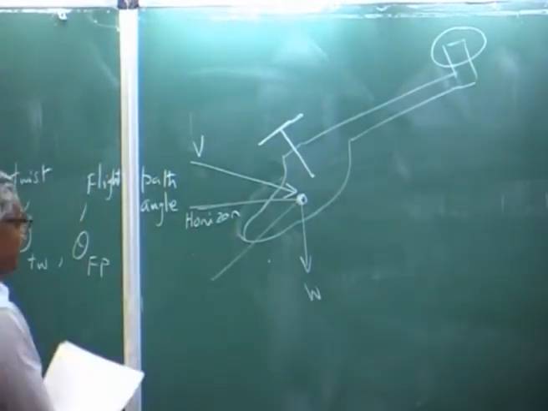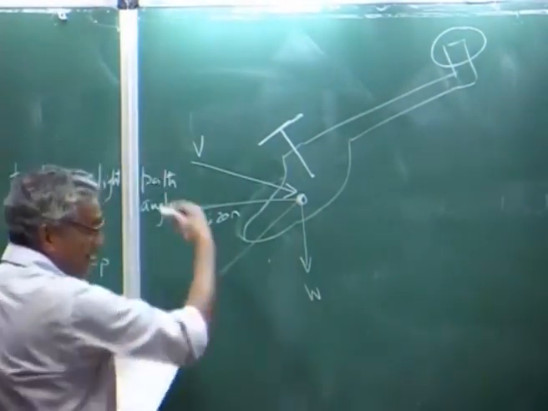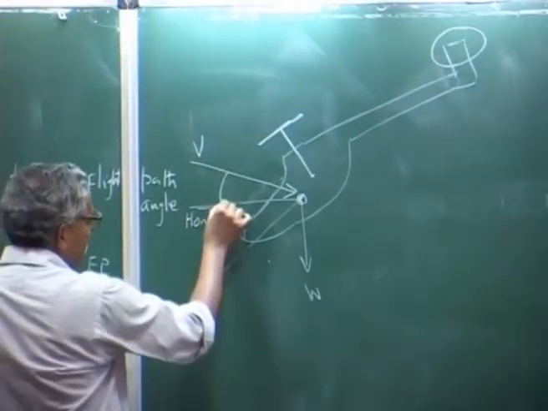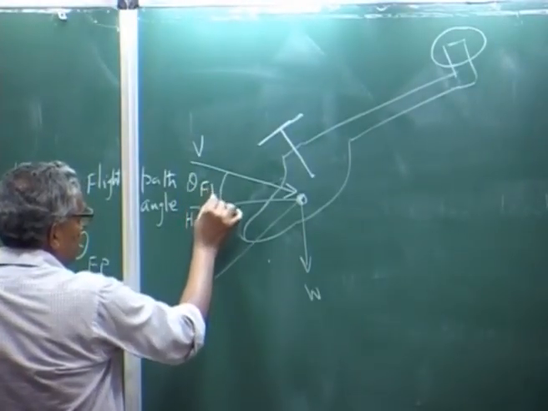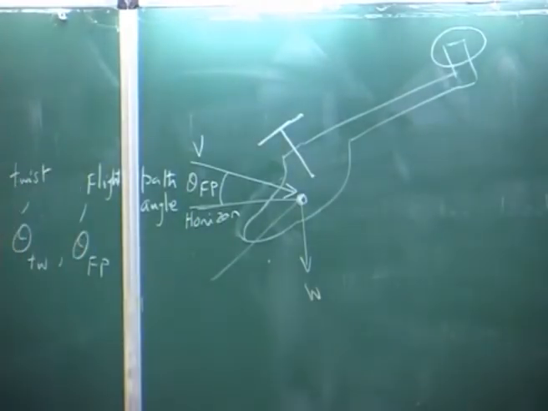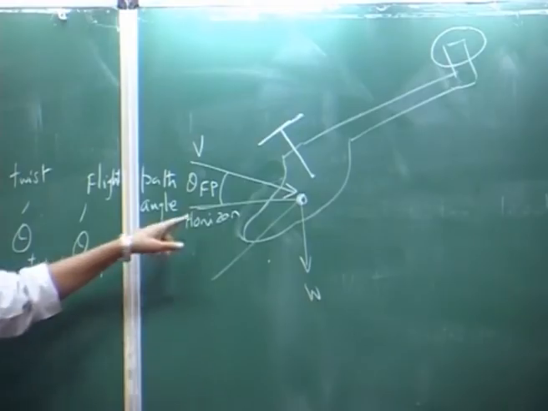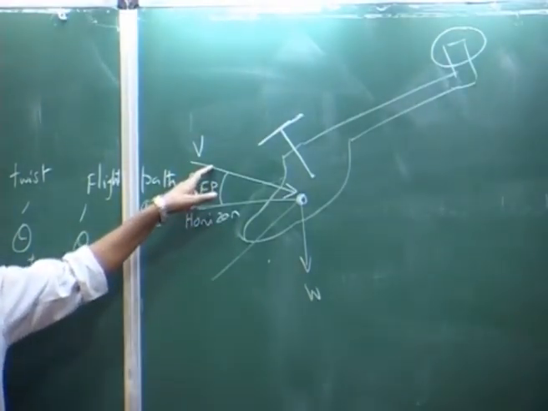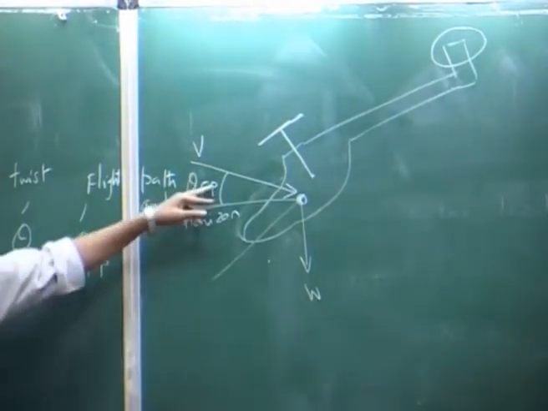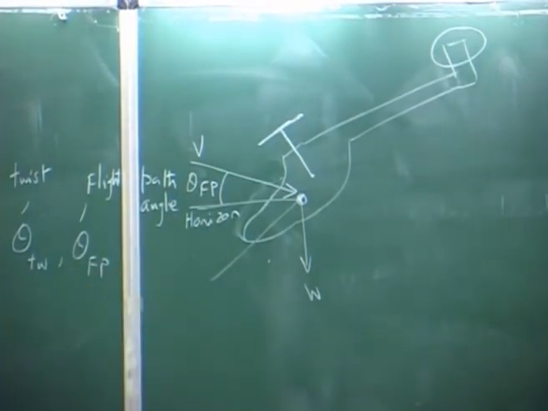In the sense the helicopter is flying in that direction, this angle is theta Fp, that is the flight path angle, with respect to horizon. Horizon is normally earthbound, it is a horizontal. With respect to horizontal, what is my velocity vector? That is the flight path angle. If this is 0 it means level horizontal flight.